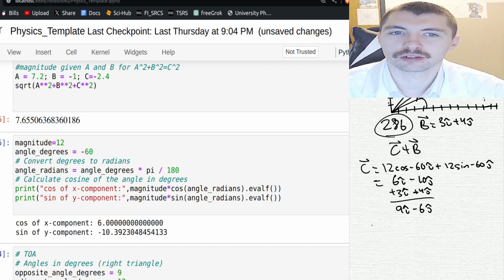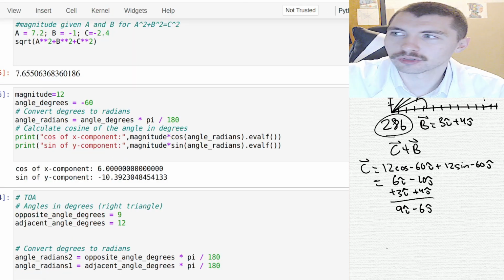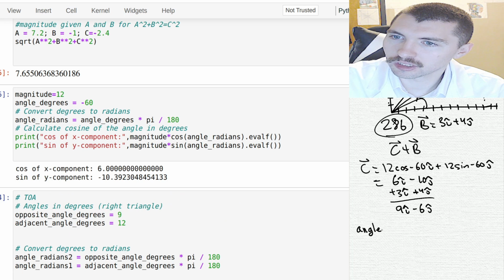So without looking, we know the angle of C. Angle of C is going to be theta equals the inverse tangent of negative 6 over 9.